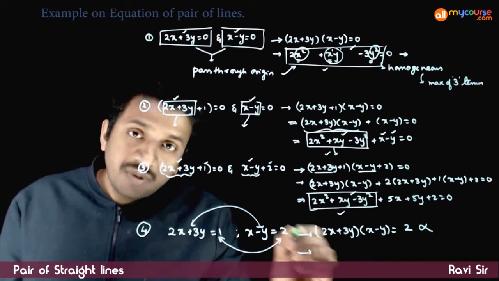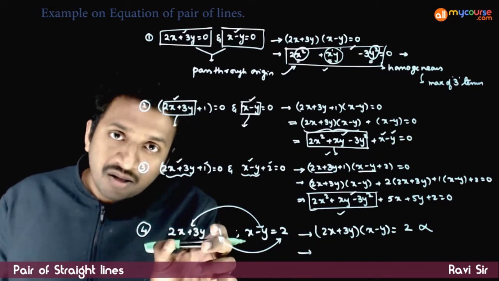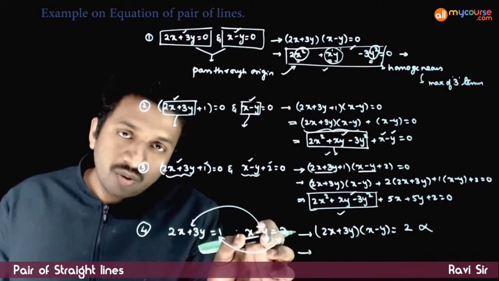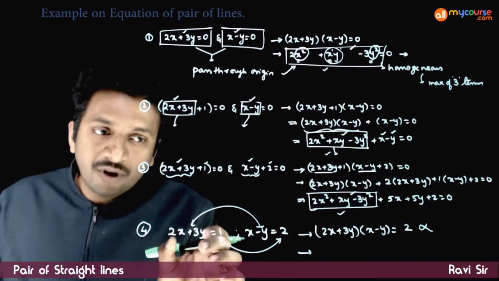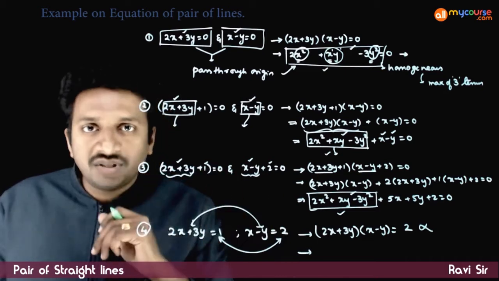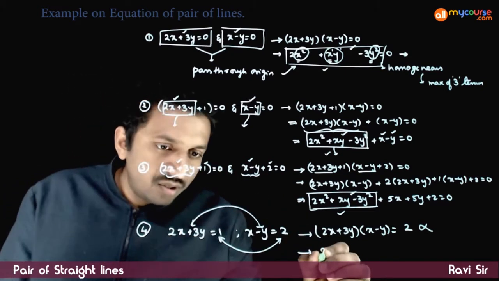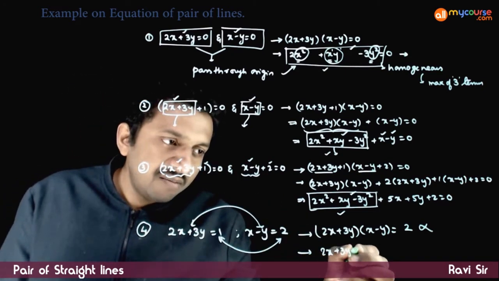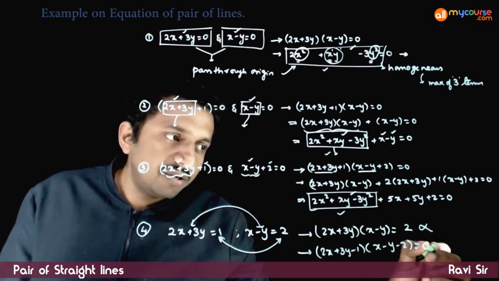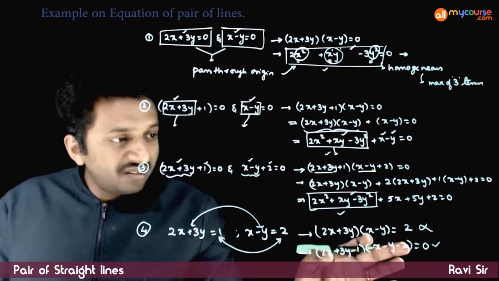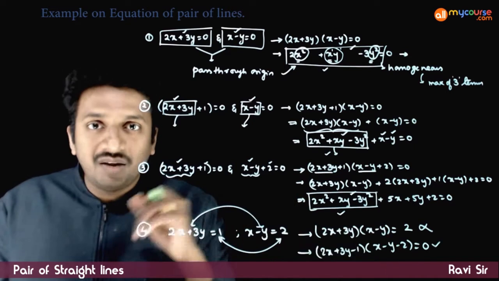The correct method is to first write the lines in the form L1 is equal to 0 and L2 is equal to 0. So 2x plus 3y minus 1 times x minus y minus 2 is equal to 0. This will be the correct combined equation of the pair of lines.